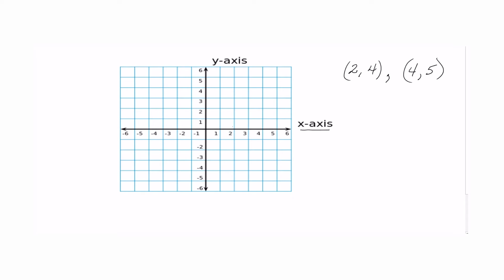So 2, 4 is going to be right here, over 2 on the x, up 4 on the y. And the next point is come over 4 on the x and up to 5 on the y. Now we want to draw a straight line running through those 2 points. And there's our approximate graph.